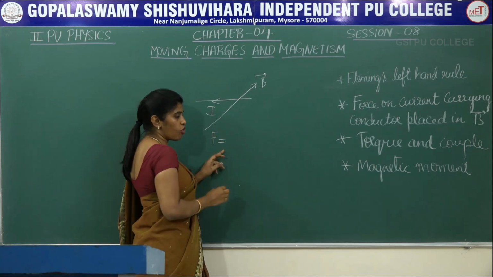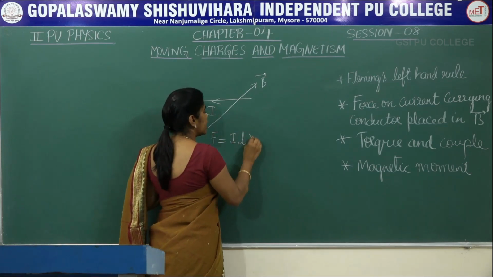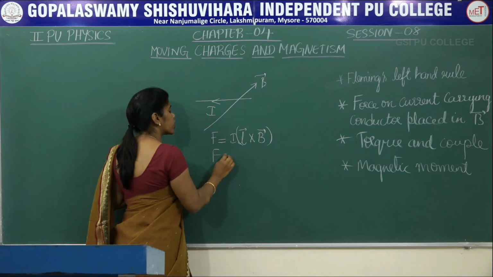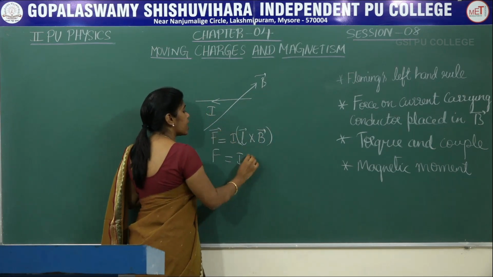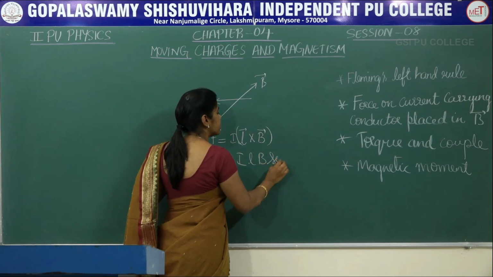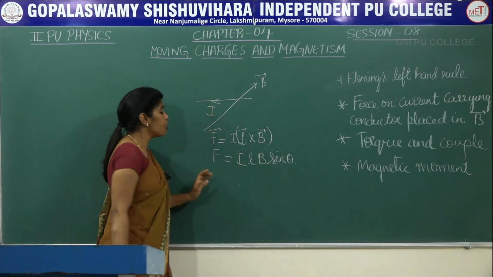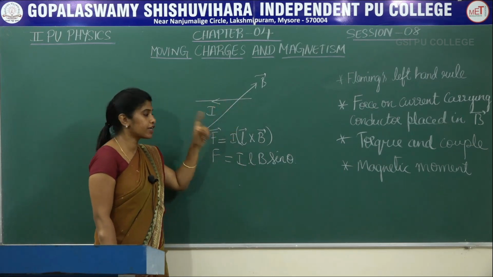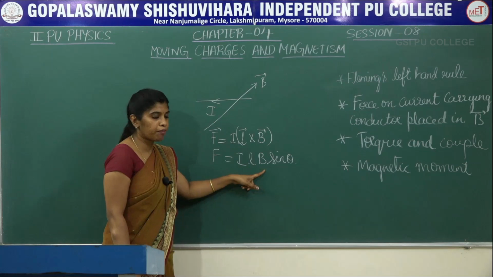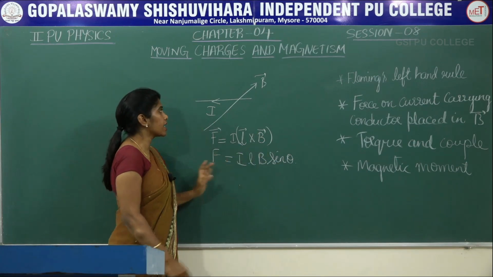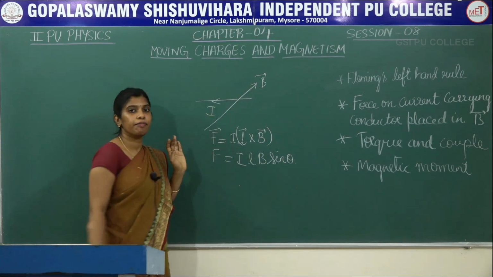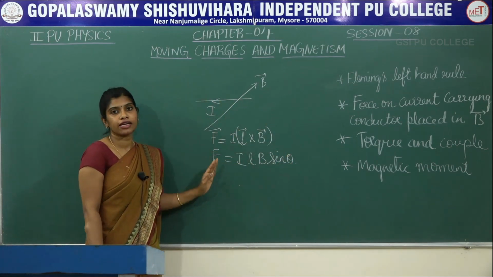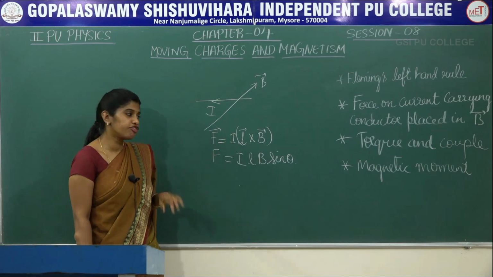It is given by the formula IL cross B, or you can also write this formula as ILB sin theta, where I is the current in the conductor, L is the length of the conductor, B is the magnetic field applied, and theta is the angle between the length vector and the magnetic field. So this is the force on a current carrying conductor which is placed in a magnetic field.